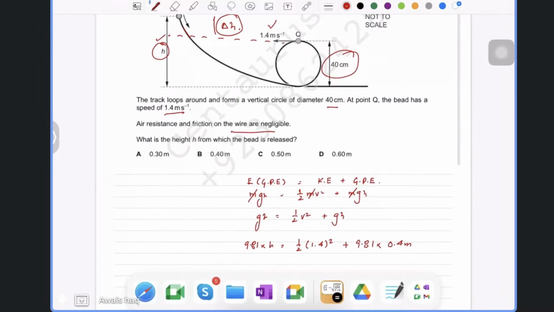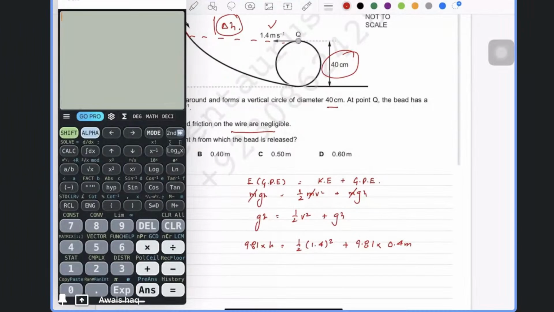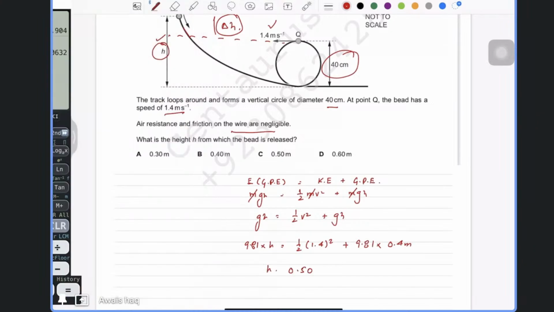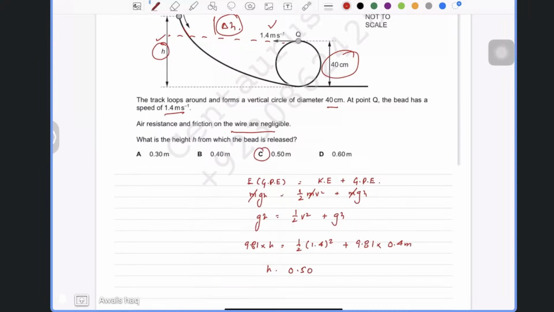I'm going to use the calculator for this, 0.5 times 1.4 squared, plus 9.81 times 0.4. So that's basically 4.9, and I'm going to divide it by 9.81. So h should be 0.50 meters, which is this answer. Is it clear?